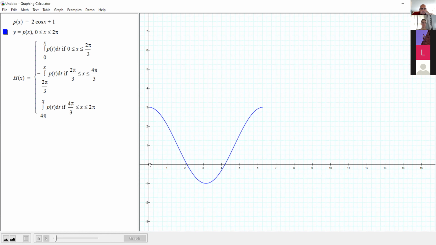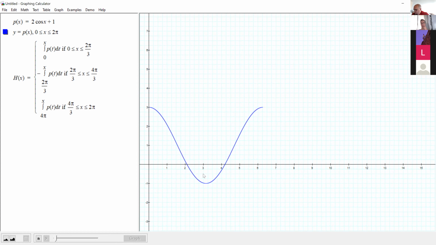The first integral in this interval would be from 0 to x of p(t) dt if x is between 0 and 2 pi over 3, because we want to specify for any x from the original rate of change function. So that would get us this area. Then for the second integral, we would have it between 2 pi over 3 and x of p(t) dt if x is between 2 pi over 3 and 4 pi over 3, but because it's below the x-axis, it's going to be a negative area.